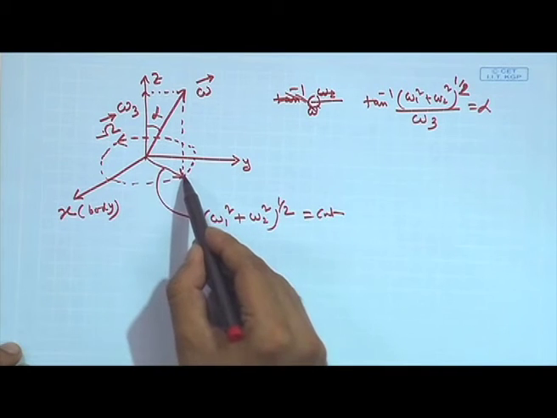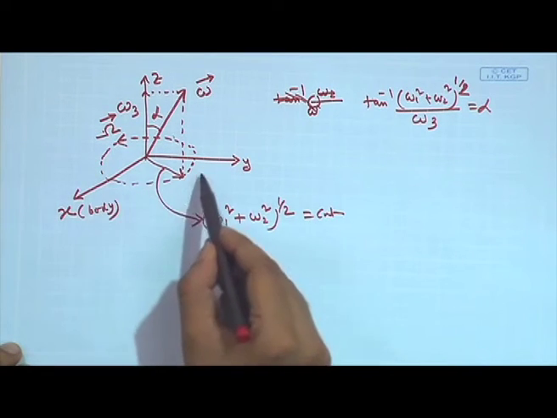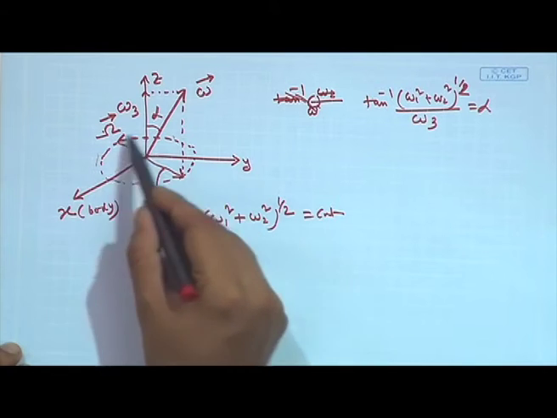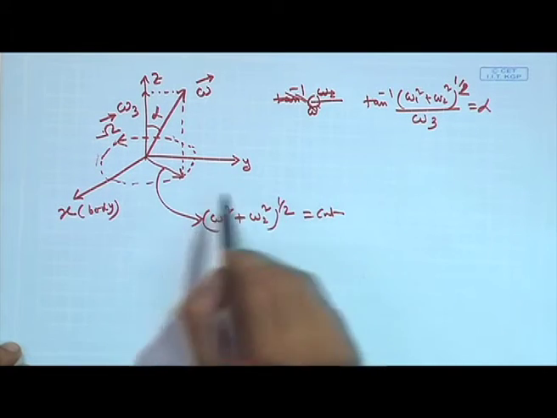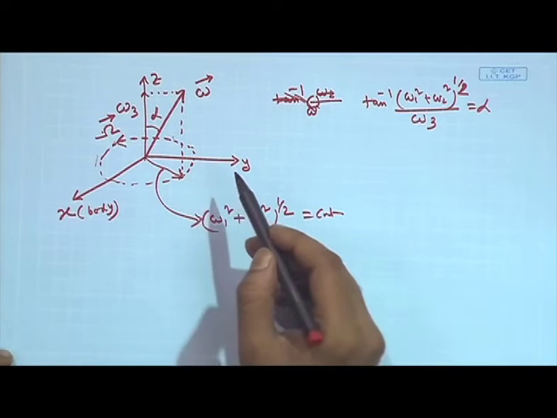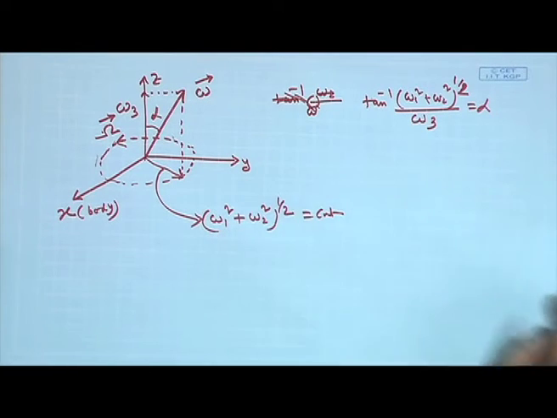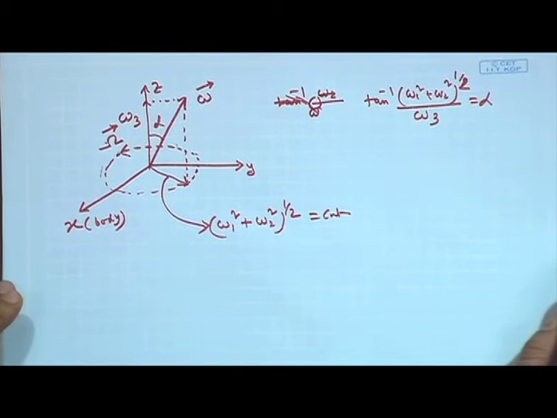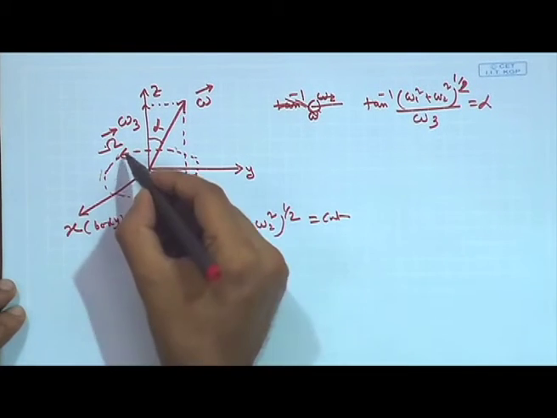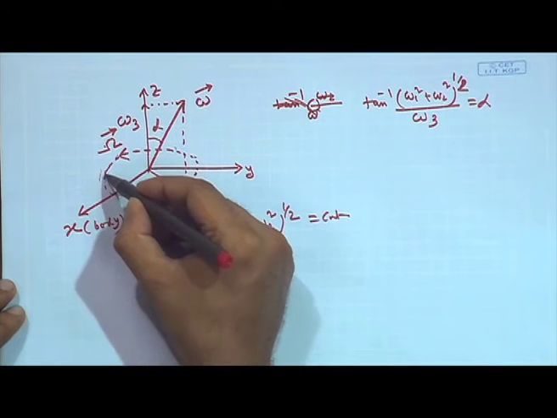Keeping this same angle constant, the xy projection of angular velocity is rotating in some direction, could be clockwise, could be anti-clockwise. We are not commenting on this, because direction of omega is arbitrary and we need proper measurement data in order to comment whether it is going in this direction or that direction.